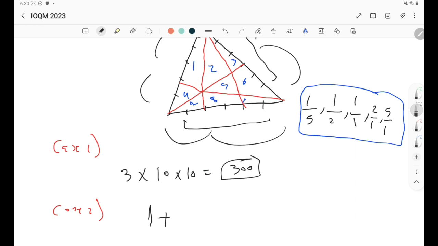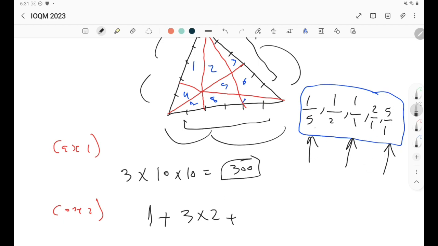And if we're going to have 1 over 5, then we're going to have 5 over 1 and 1 over 1. So how many ways to choose the 1 over 1? 3. And then the 1 over 5, it's simply 2. This one is now determined.